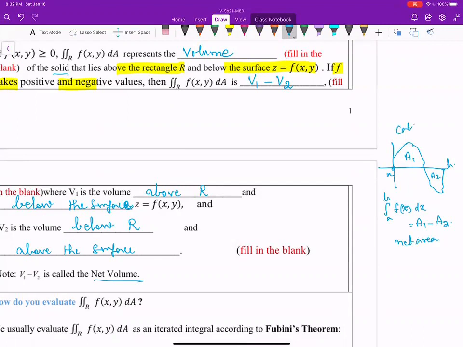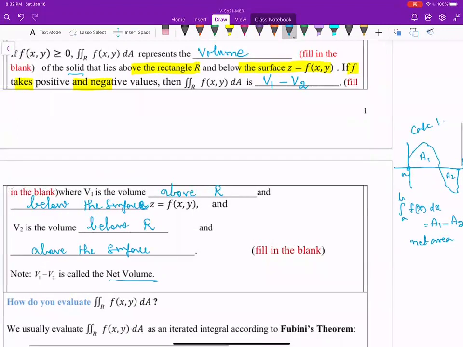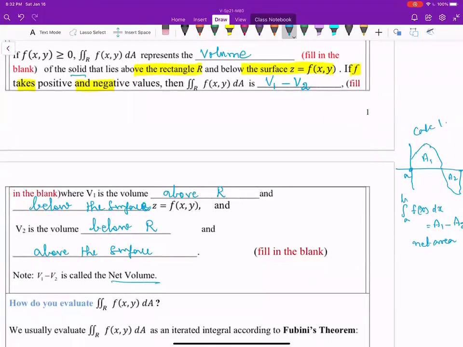This is calculus 1. Similar idea, because we are talking about a surface, if part of the surface is above the xy plane and part of it is below the xy plane, then we consider V1 to be the volume above R and below the surface, and V2 to be the volume below R and above the surface.